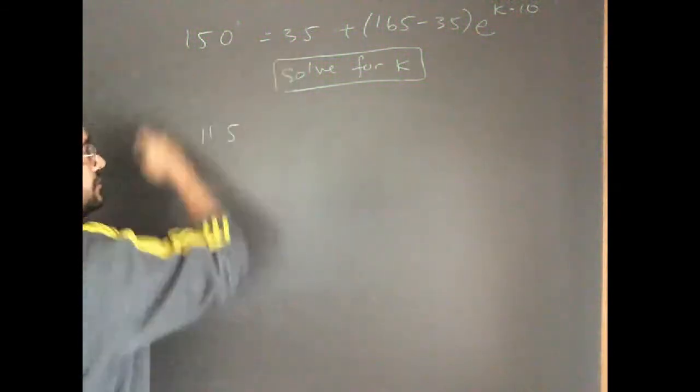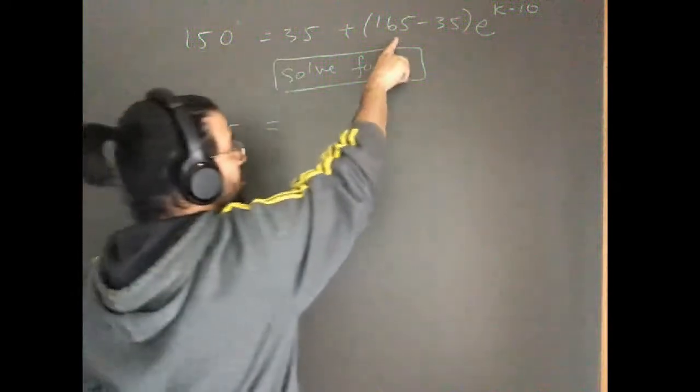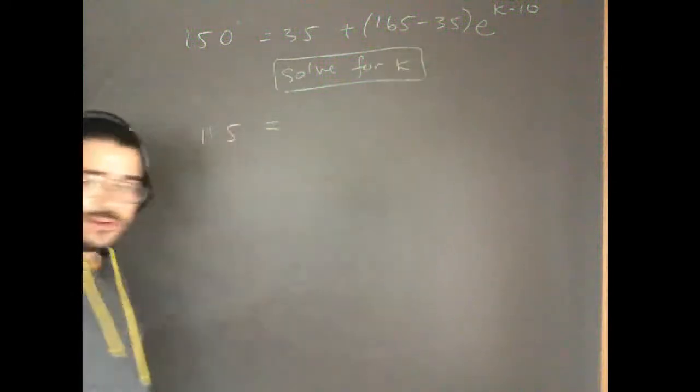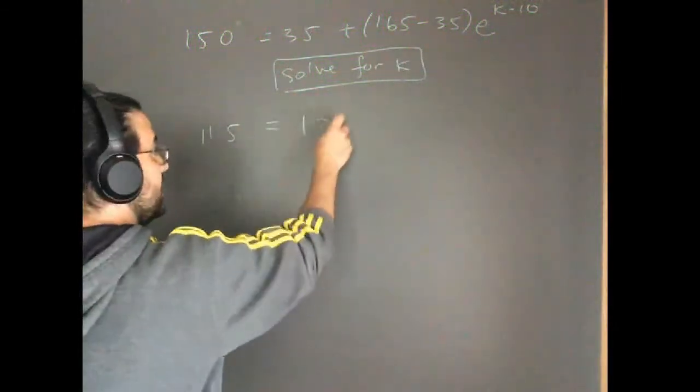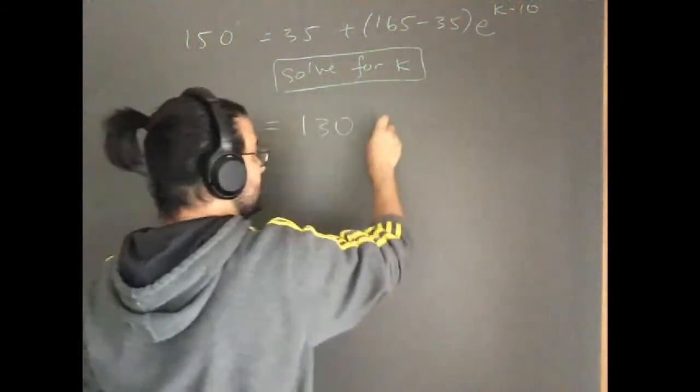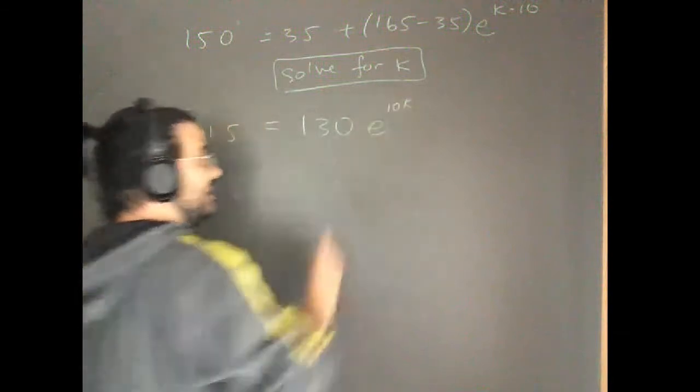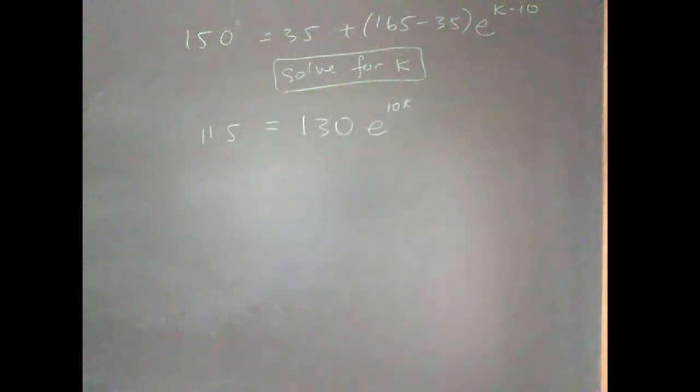So subtracting 35 from both sides to get 115. What is 165 minus 35? I mean, that's just a number, right? Like it was in the equation here. So yeah, we're going to get 130 for this side. And then this I'm going to write as e to the 10k, because usually you write the number first and then the unknown second, right? Doesn't matter how you multiply things, but that's a little more standard.